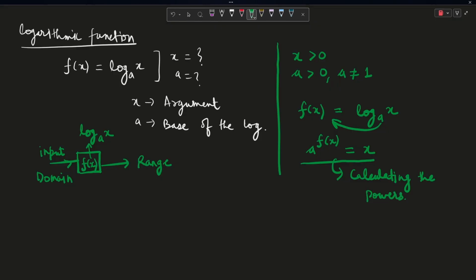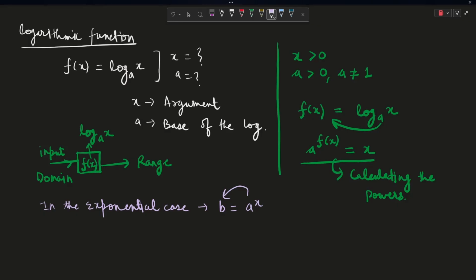Earlier, in the exponential case, we were calculating the answer b as a to the power x, as we knew what x was, and by knowing x we were calculating a to the power x, which resulted in b.